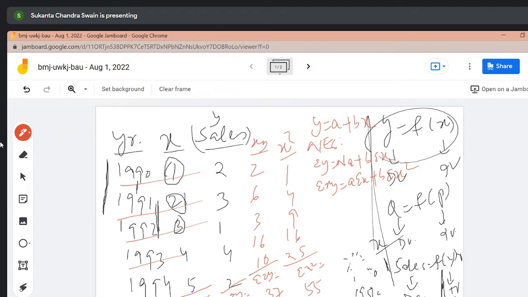Then all of you please solve this. We'll put the values over here. Like that, sigma y means that is 12. 12 is equal to 5a plus b sigma x. Sigma x is equal to 15.